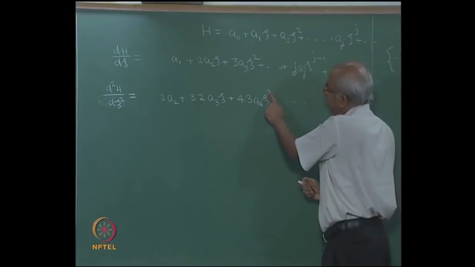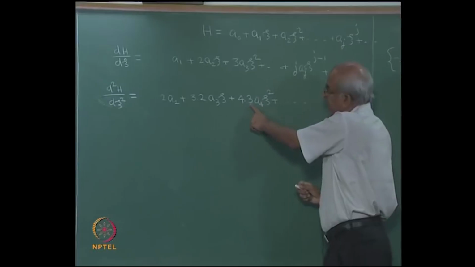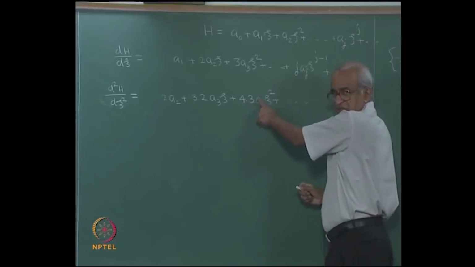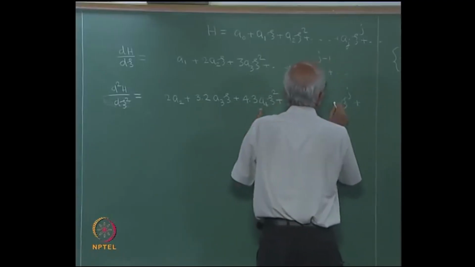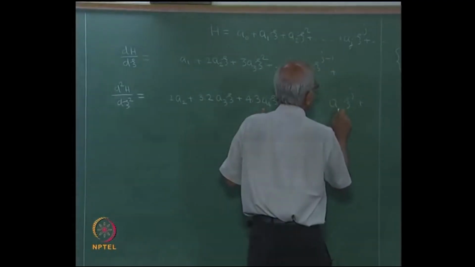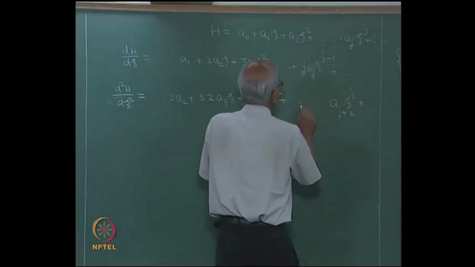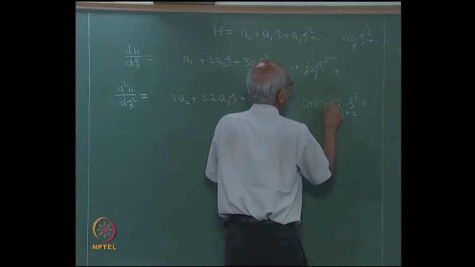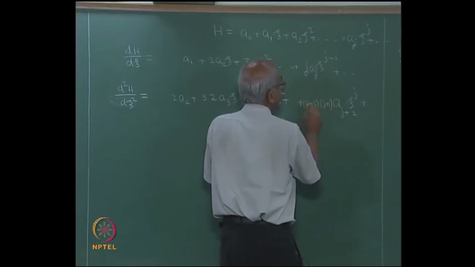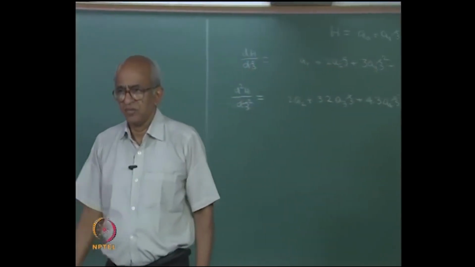If you have c to the power of 2, then you have a 4 multiplied by 4 into 3. So, therefore, if I had c to the power of j, what I will have is a j plus 2 multiplied by j plus 2 into j plus 1. So, this will be the general term, correct.